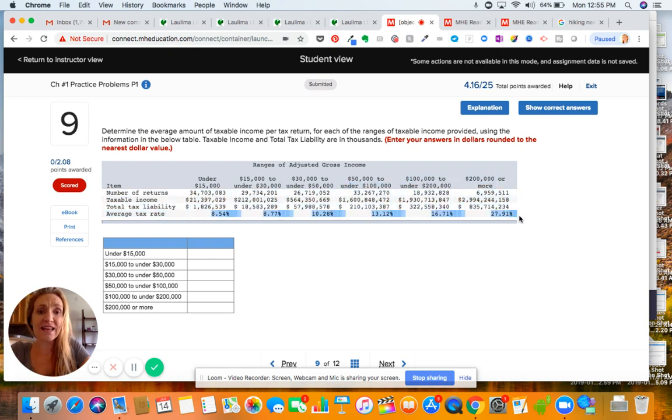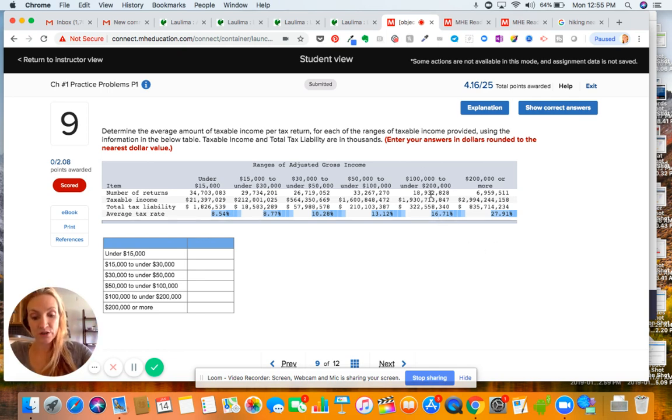So you can see here, people earning over 200,000, their rates go from 24% up to 40% in the past, and yet the average is only 27%. That's because some people are paying the full amounts, some people are not.